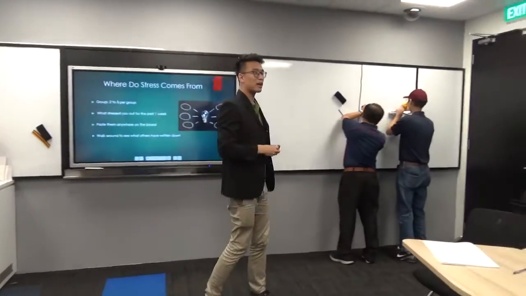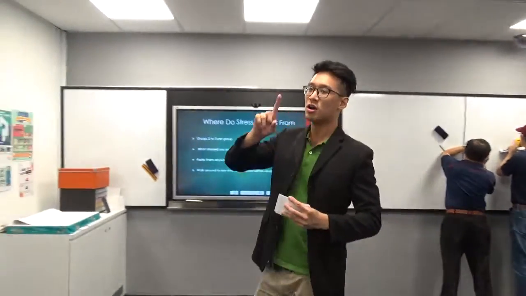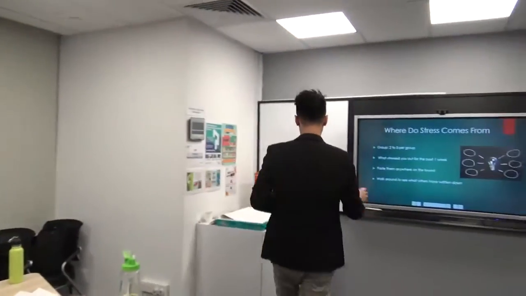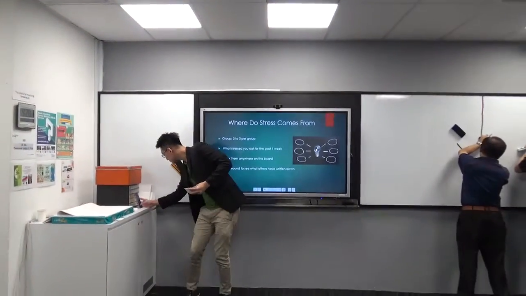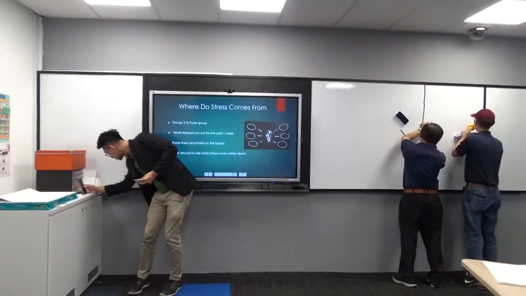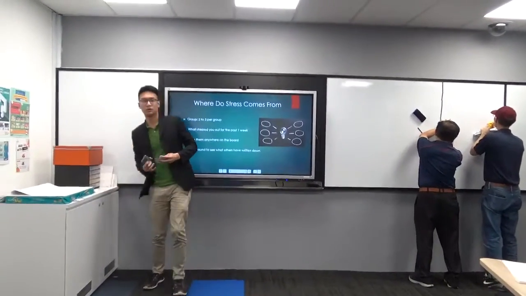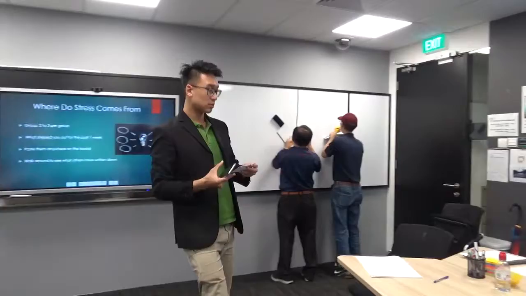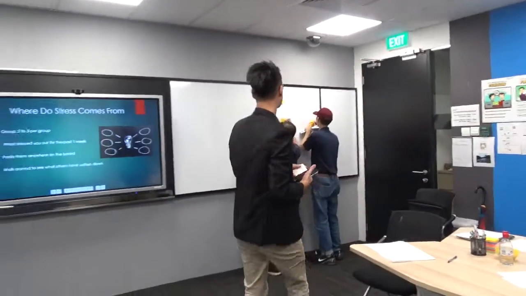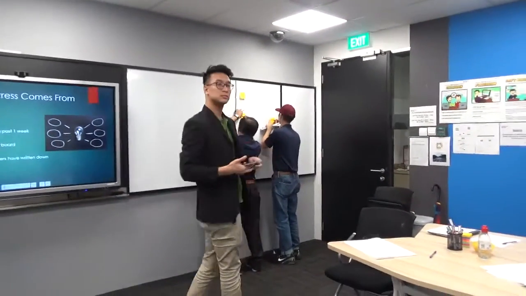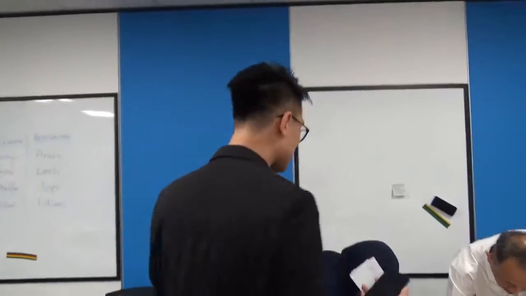So, you just write 1 event for each post-it and then paste it down, okay? You can try to write as many as possible so that we can explore these ideas later.